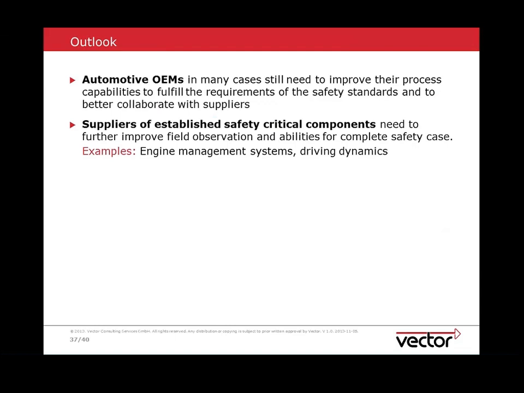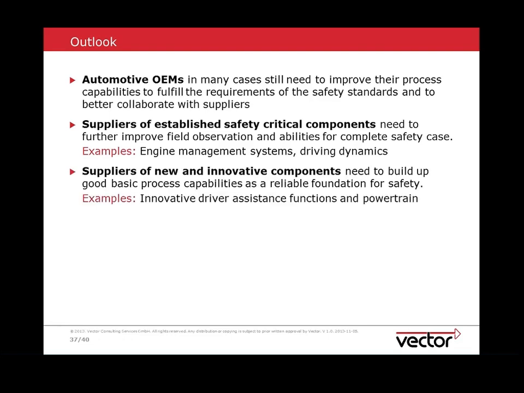From the perspective of suppliers of established safety-critical components, such as an airbag system or a component used in a dynamic ESP system, it's primarily to better connect with the OEMs in terms of getting immediate feedback from field observation, but also supporting the safety case, and better splitting who is doing what in terms of the safety-related requirements.